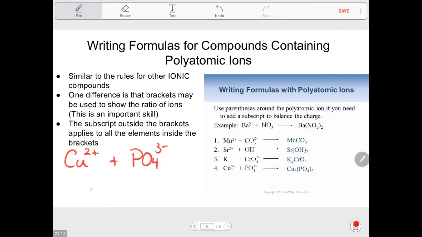Essentially, if we do it down here at the bottom, Cu PO4, you would have to have 3 coppers, and you'd have to have 2 phosphates. But remember, the phosphate is a polyatomic. Bracket, bracket, put the 2. There you go.